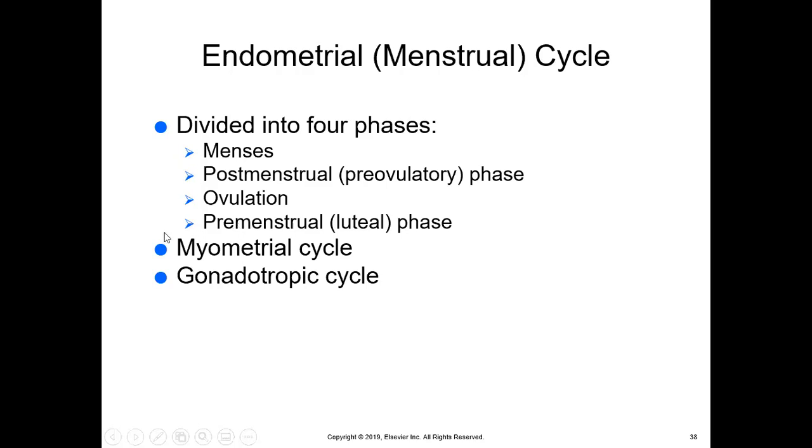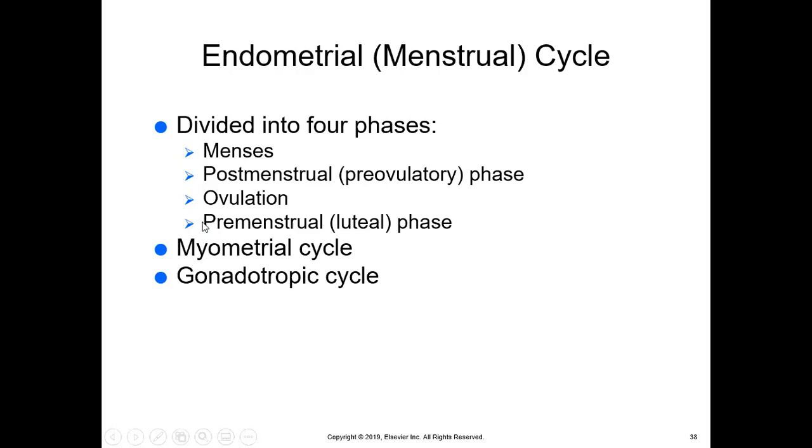So premenstrual is before it sloughs off again. So it's a cycle. After ovulation, during the premenstrual phase, if the egg gets fertilized, then this process is stopped. The egg gets implanted in the uterus.